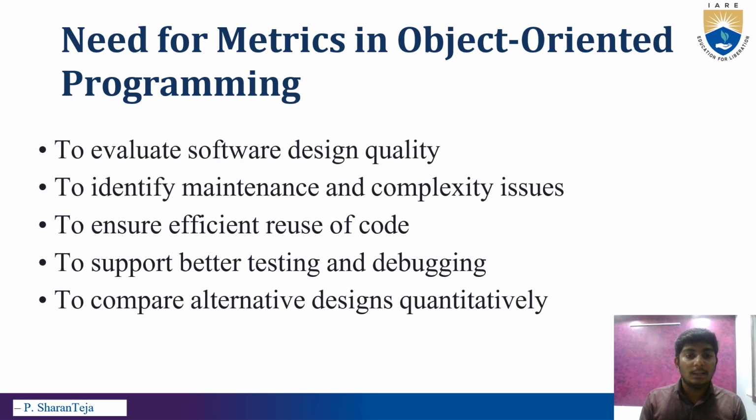By using metrics, we can improve the maintainability and reliability of software. They can also compare different designs, monitor project progress, ensure consistent quality, and improve understanding across teams. So metrics don't just measure; they also guide better design.